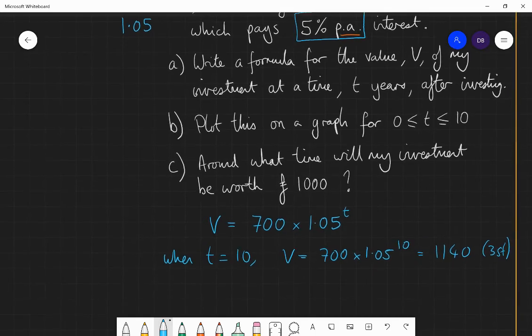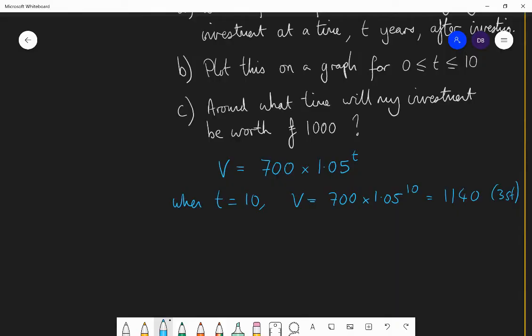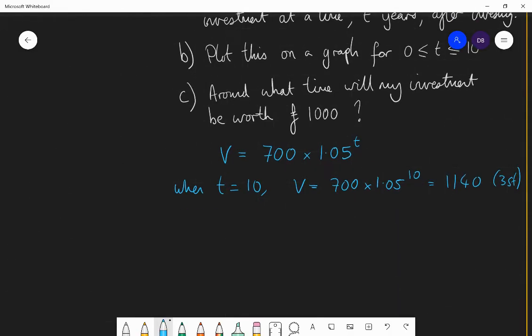So plotting it, I don't want an extremely accurate graph. I just want a general sense of the investment over 10 years. So I'm going to plot a very sketchy graph. I don't have a ruler. So here's my very sketchy graph over 10 years. So 5, 10. So I start at 700.